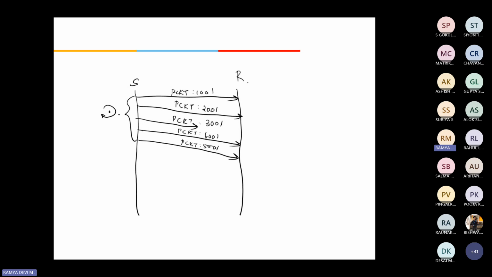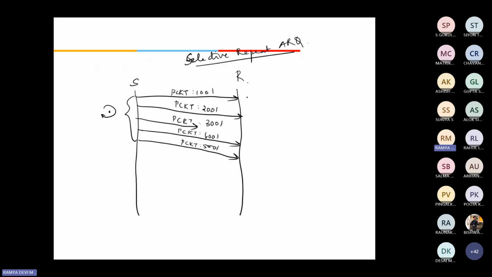When it starts the timer, it is selective repeat, or I'll take it as selective repeat ARQ. We have the sliding window technique so that 5 packets can be transmitted at the same time. The receiver is able to receive multiple packets at the same time. Each packet is 1,000 bytes in length.